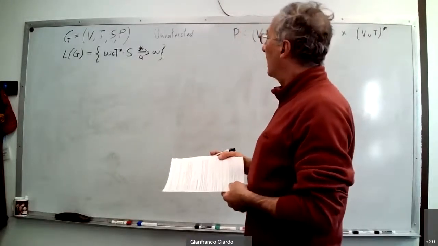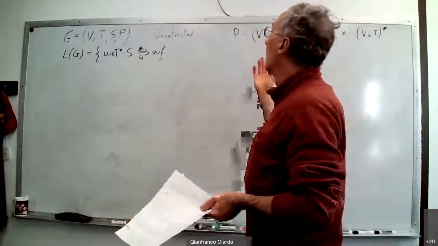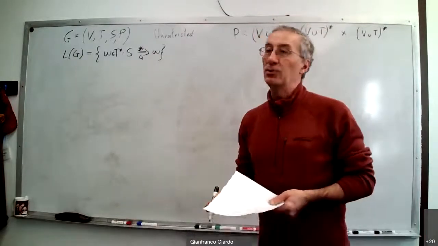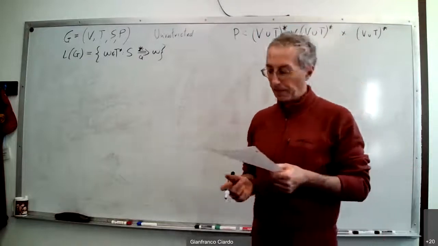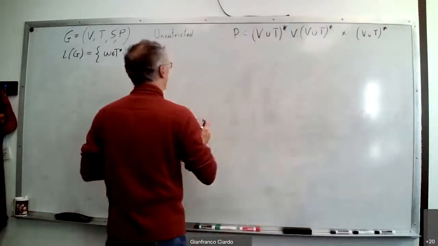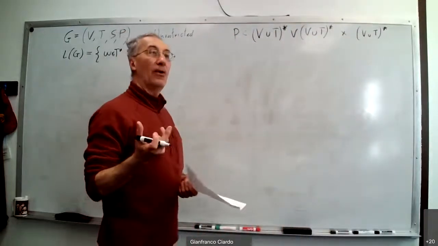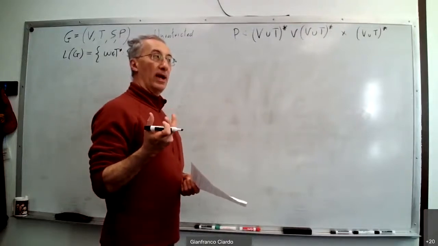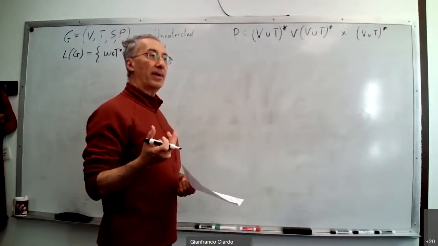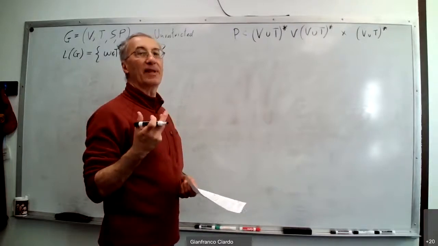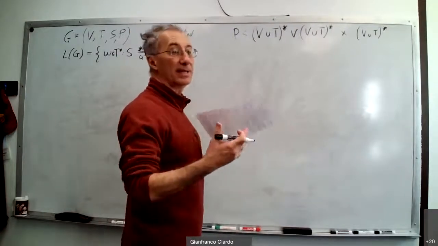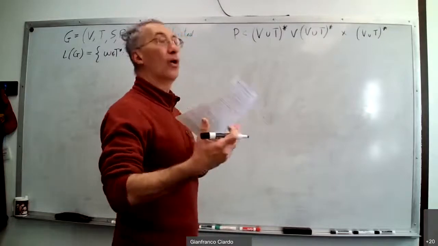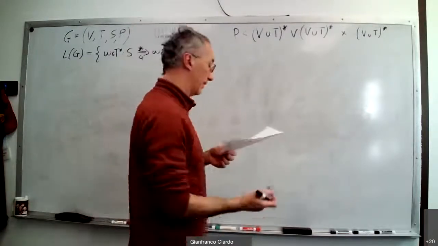All right, so let's have some fun and let's use unrestricted grammars to generate some languages which are definitely not context-free. The way unrestricted grammars operate is a little bit as if they had a tape, in a sense. The sentential form that they operate on is very close to the contents of the tape of a Turing machine.